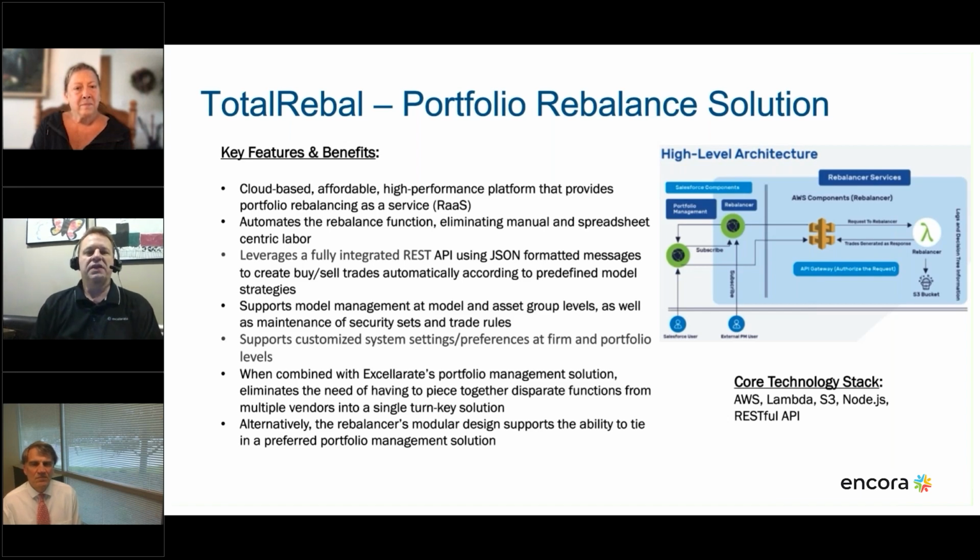It performs that rebalancing according to various trade rules that can be customized and set up as preferences in the system. And it is able to rebalance at different levels: the household level, the account level, the portfolio level. And obviously, when it's combined with our solution, it provides a turnkey solution that runs right on top of Salesforce. So that's a little bit about our rebalancer.